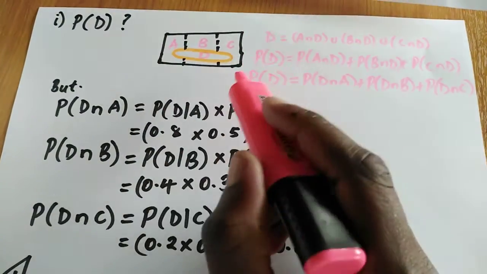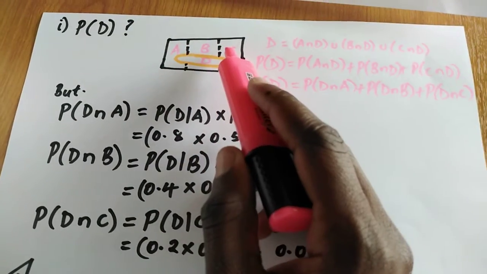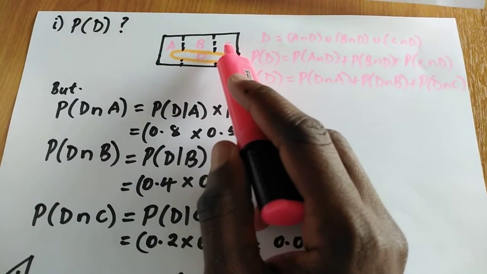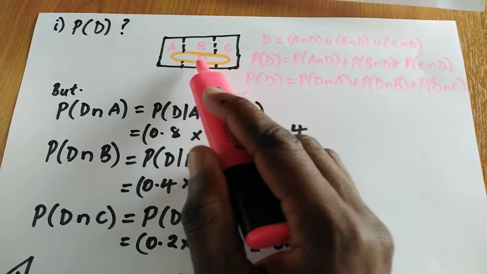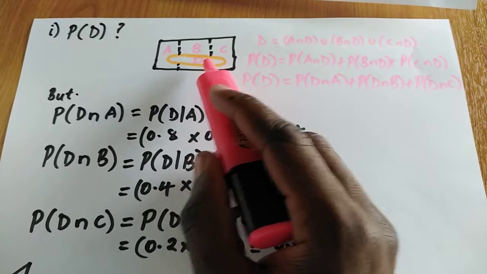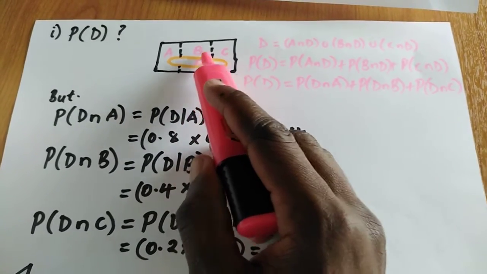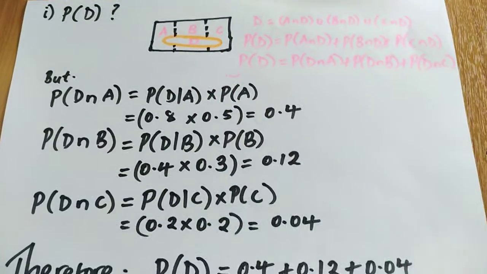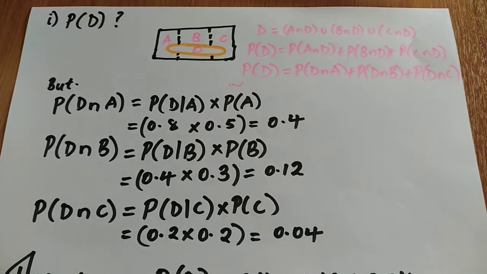The whole of this represents a sample space. This is A, this is B, this is C, the first three events, and then we define a new event of chest pain, which is D here. So D is equivalent to A intersection D union B intersection D union C intersection D.